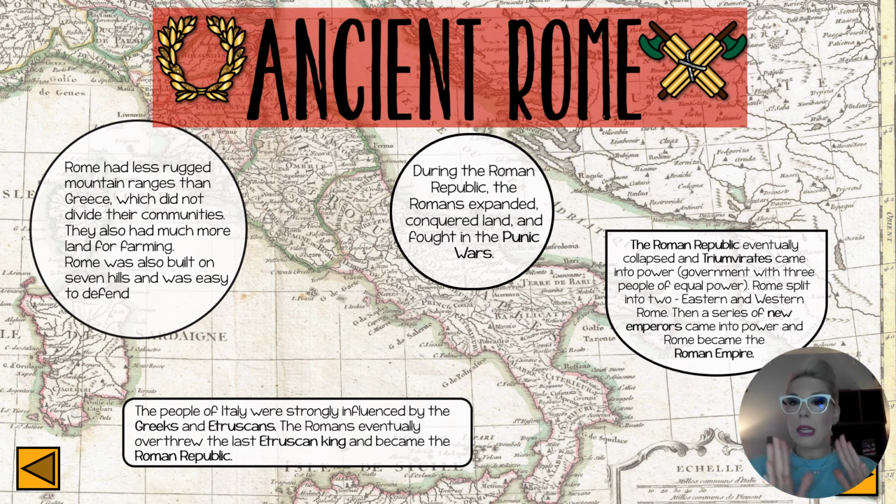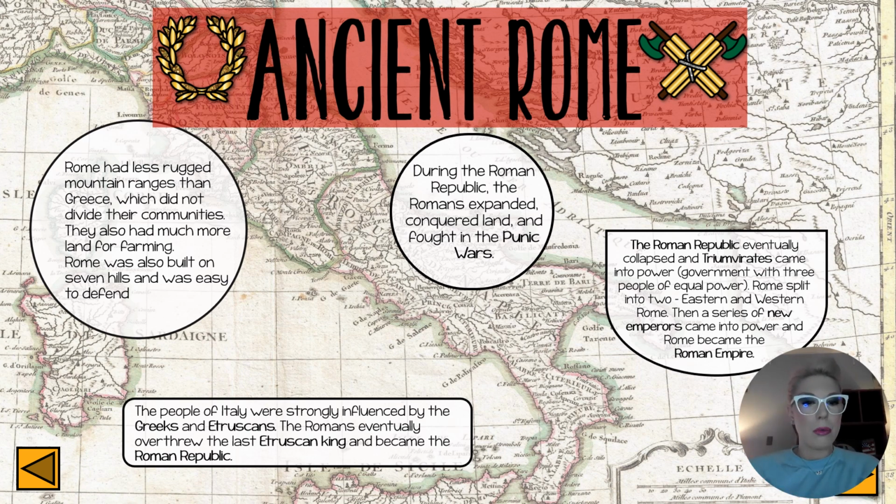Rome split into 2, Eastern and Western Rome, and then a new series of emperors came into power, and Rome became the Roman Empire. So a lot changed. They expanded, then they had to break up their power to 3 different individuals, and then they were split. So this great nation and this great civilization, just like all civilizations, changed throughout history.